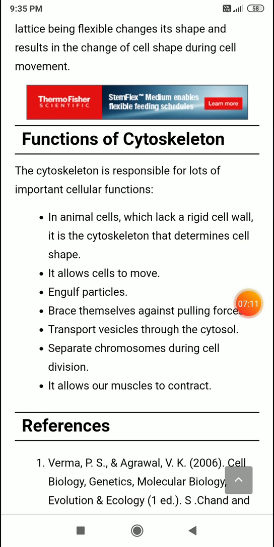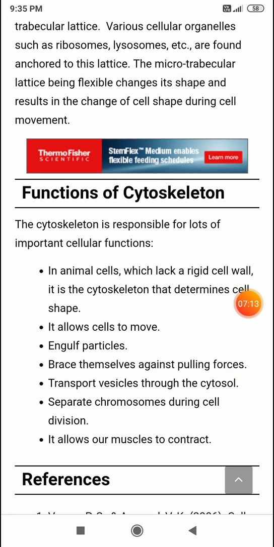Now we are going to see the functions of the cytoskeleton. The cytoskeleton is responsible for lots of important cellular functions. It is important in animal cells, which lack a rigid cell wall, and the cytoskeleton determines cell shape.